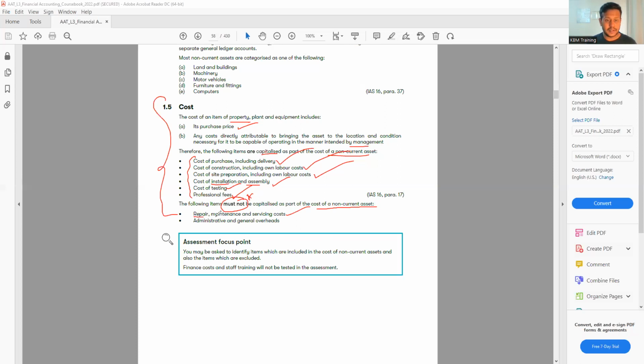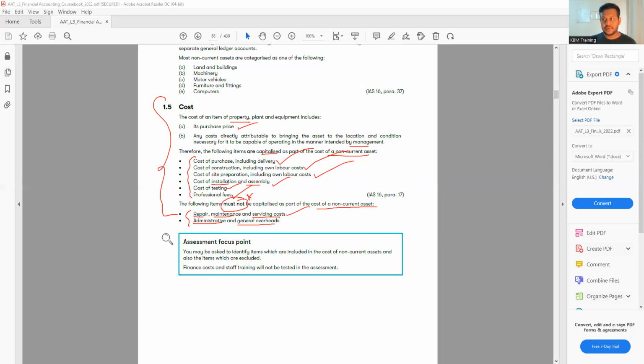Administrative and general overhead. So overhead cannot be part of the cost. So this we have to ignore. Remember that in the exam, most likely you're going to see repair and maintenance and service cost.